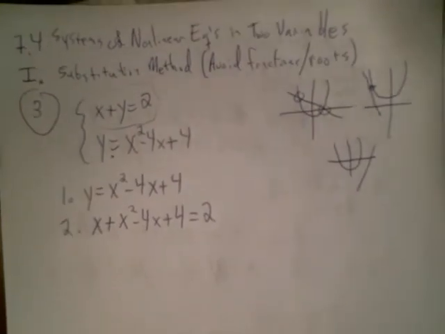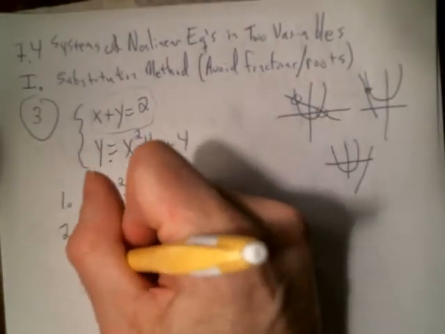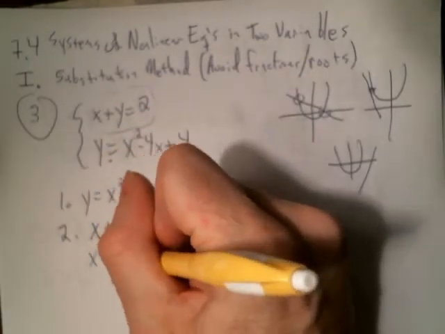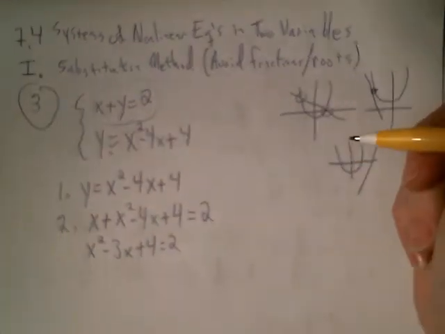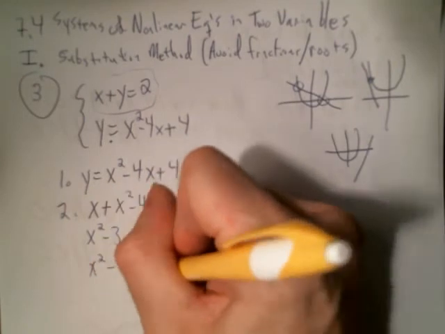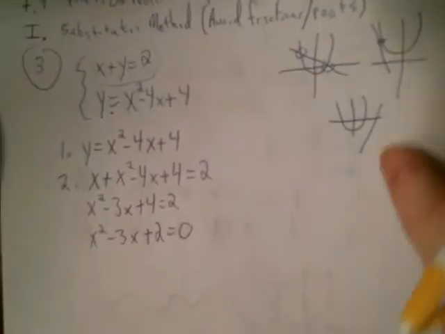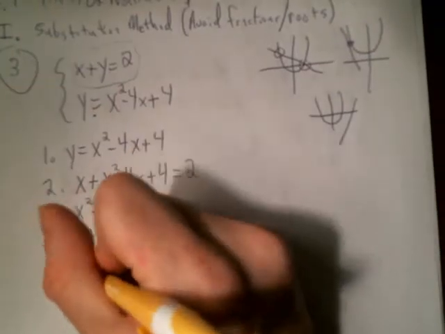And then you can solve this. This is a quadratic equation. Combine like terms: x squared minus 3x plus 4 is 2. Set it equal to 0. So you have x squared minus 3x plus 2 is 0. And then hopefully you can factor it. You don't need the quadratic formula or anything.